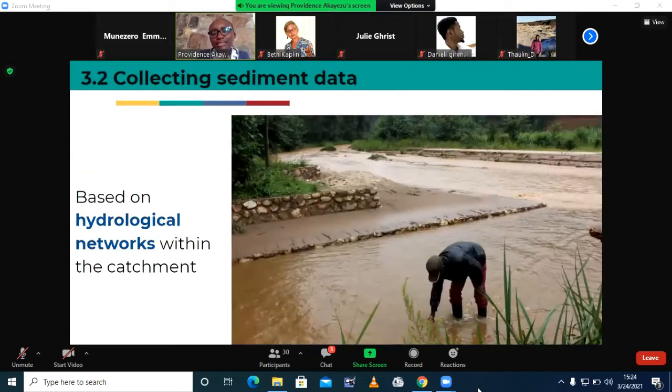With the sediment, we collected the water, looking at where different small rivers enter the main river, and we didn't collect at the location where the small river enters the main river because that water is already mixed up. So we collected at 5 meters from where the 2 rivers meet, and we collected the water, not digging into the river to take the soil, because we wanted very new suspended sediments.